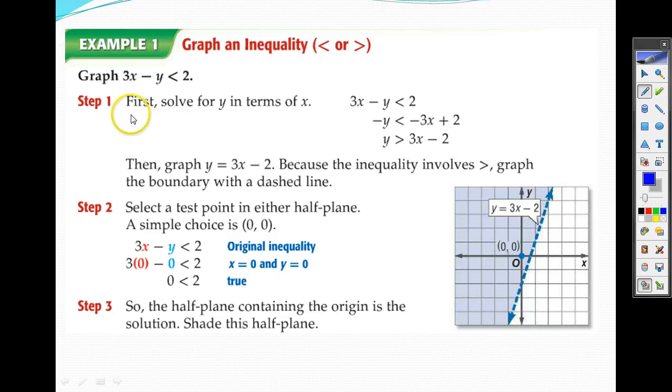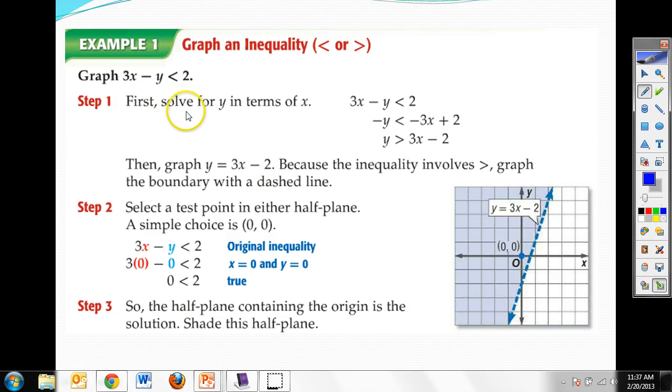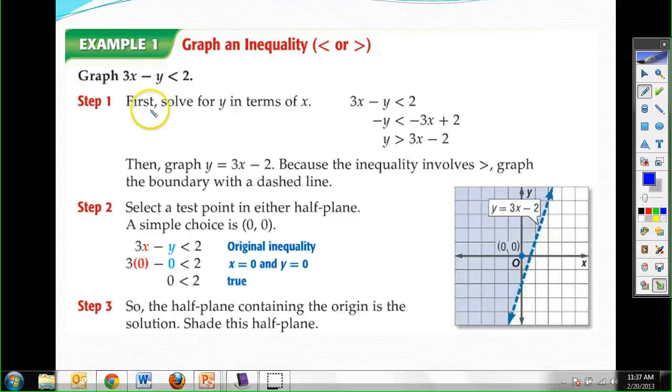So how do we do this? First thing you're going to do is solve so that it looks like y equals mx plus b. That's what we're used to doing when we're graphing. So here it is. You have 3x minus y is less than 2.